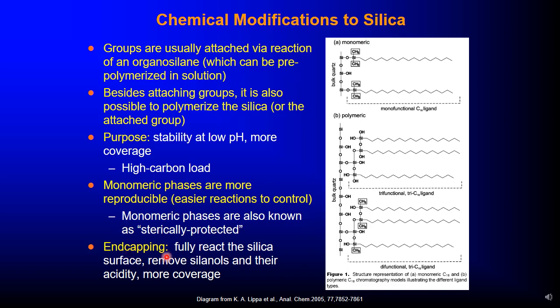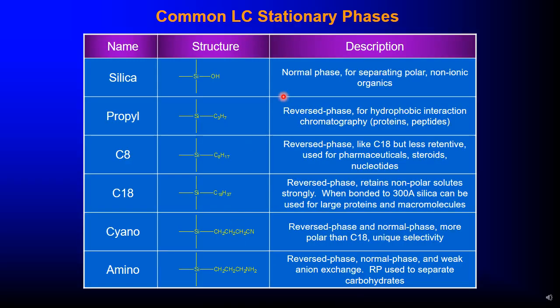Then end capping fully reacts the silica surface, removing silanols and their acidity, giving more coverage. So, common liquid chromatography stationary phases: we have silica, which is majorly for non-polar, normal phase.